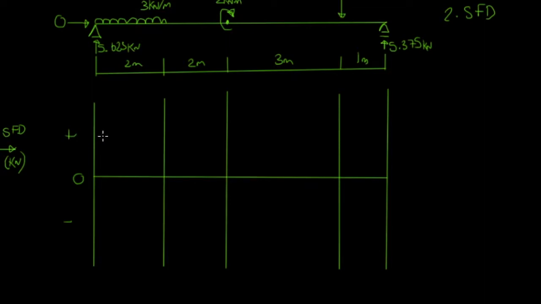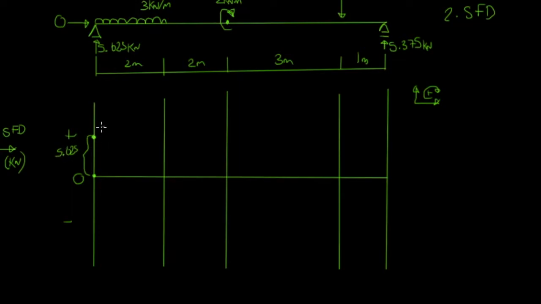So, starting at this end, left hand support A, we're going to be pushed up because we've got a positive reaction. If I just also draw this here to remind us of directions. So we're going to be pushed up, and this is going to take us up at an increment of 5.625, nice and rounded.